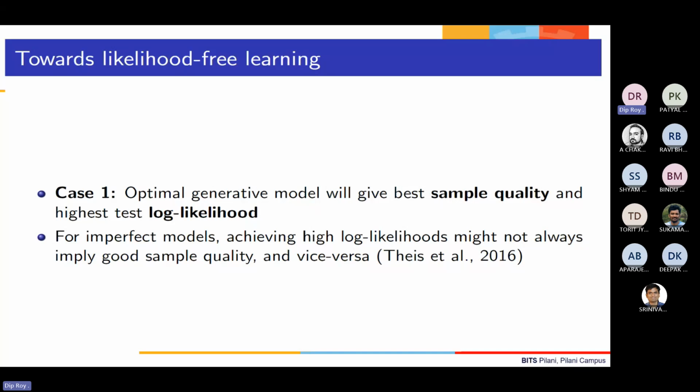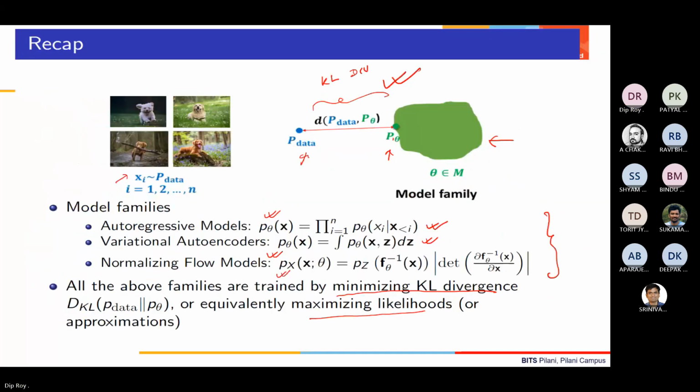What it is saying is that if this particular quantity, D of P data and P theta, is exactly zero, it means your model distribution is exactly equal to your data distribution, which is rarely the case, which is never the case rather.